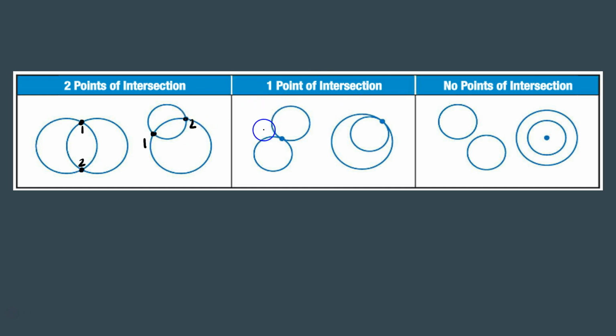If it was 1 point of intersection, it would only cross once. 1. Once again, only ever cross once, so it's 1. Notice here, they are never going to cross, those circles. They can have a circle within a circle that still leaves no points of intersection.